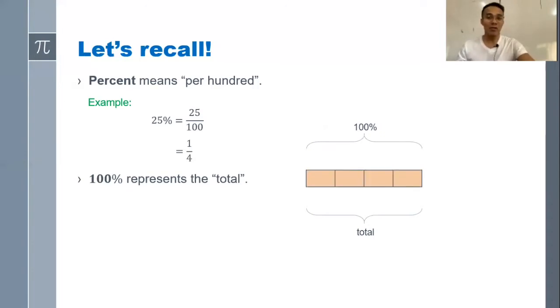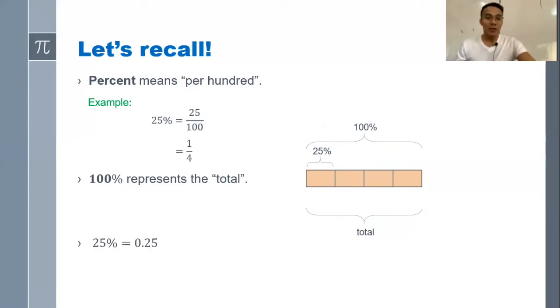And if I'm going to divide this whole into 4 equal parts, then this part is what we call 1/4 of the whole or 1/4 of the total, right? And remember, 1/4 is the same as 25%. The other way of getting this 25% is by dividing 100% by 4, because we actually divided this 100% into 4 equal parts. So one part is 25% and that is 1/4.